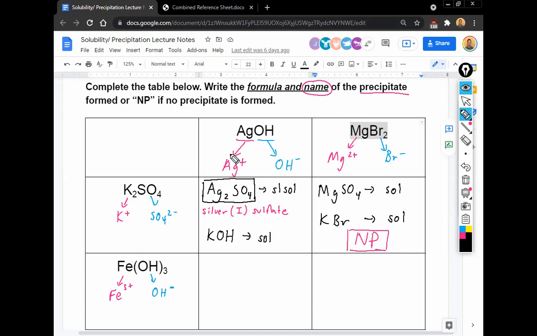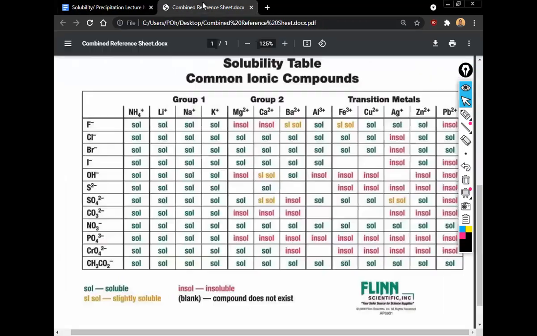So we're gonna take Ag and we're gonna take OH from the other one and we're gonna get AgOH. And then for the other problem, we're gonna get Fe(OH)3. So it looks like we're going back to the chemicals we just started with. If we take a look at this table, let's look at AgOH and Fe(OH)3.